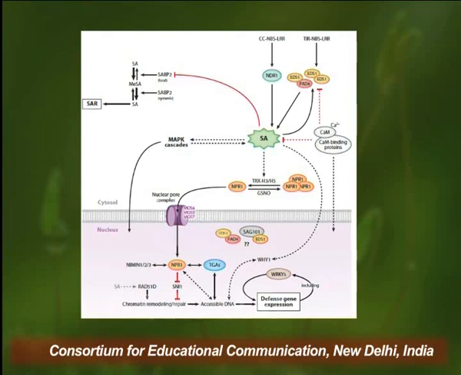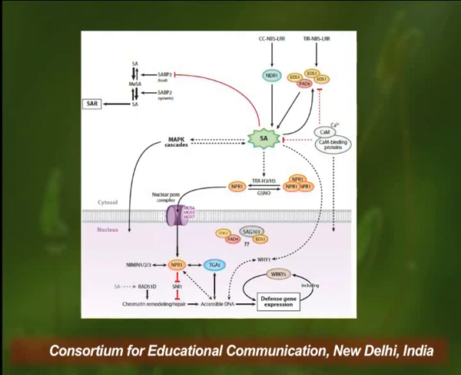In the downstream signals you will see NPR1 proteins, and NPR1 proteins largely occur in the form of oligomers. When salicylic acid accumulation increases, it further stimulates the intermediary proteins, which are TX family proteins, which cause breakdown of these NPR1 oligomers, because NPR1 oligomers cannot enter the nucleus from the cytoplasm in their oligomeric form.